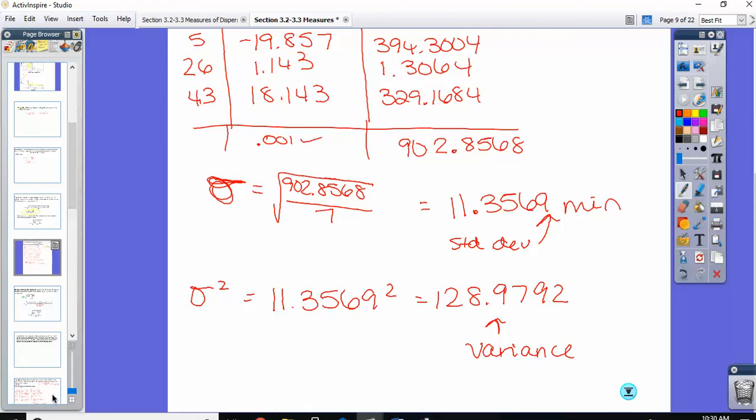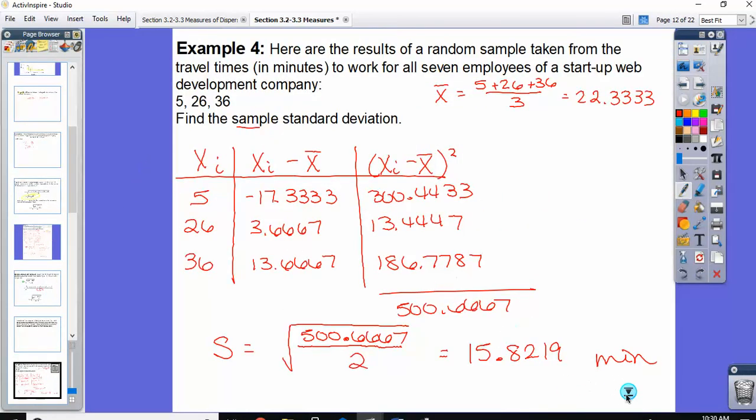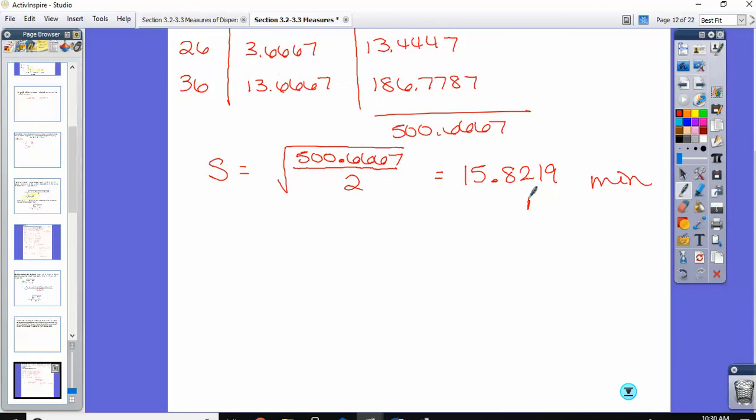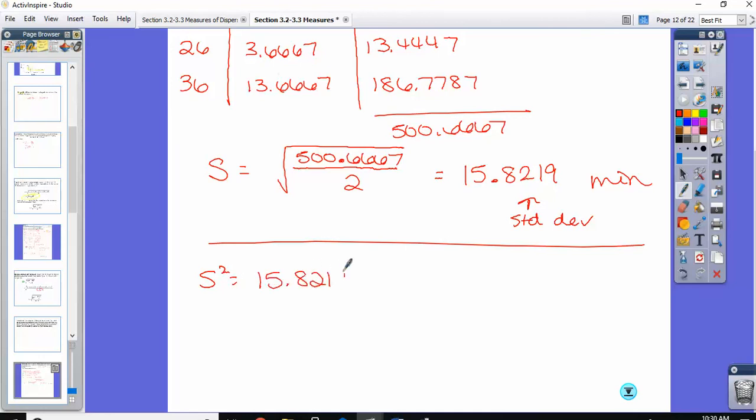So on example 4, that one we just had a sample. We were only looking at 3 points. So we found the sample standard deviation. So if I want the variance, that's just S squared. And we get 250.3325.